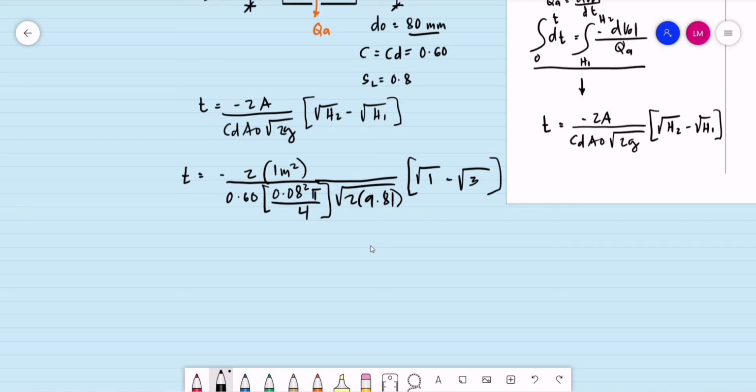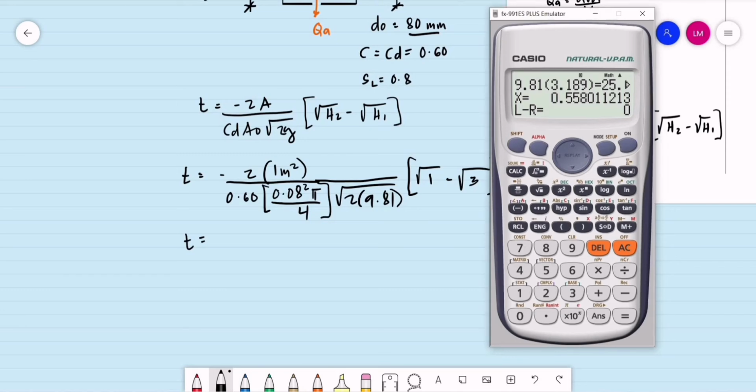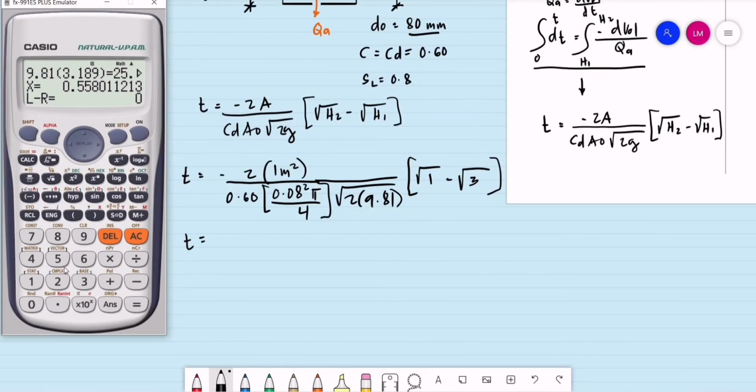So, we are computing now for the time equal to negative 2 times the area of the tank, 1 square meter, C sub D, 0.6, area ng orifice is 0.08 squared times pi divided by 4.